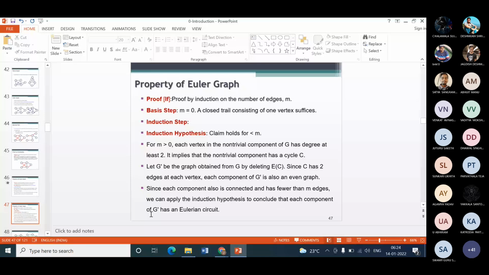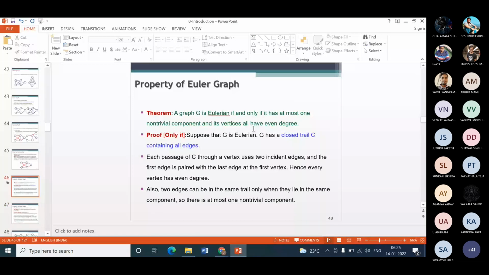Okay, so basically what this proof actually signifies is this. Initially we are given a non-trivial component where all vertices are of even degree. That means every vertex has degree at least 2.